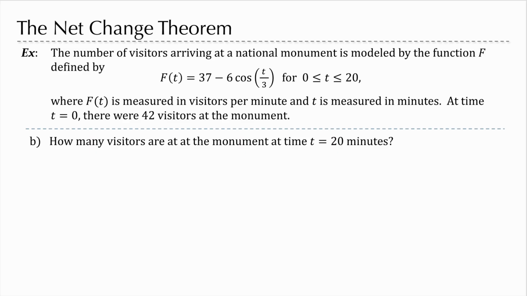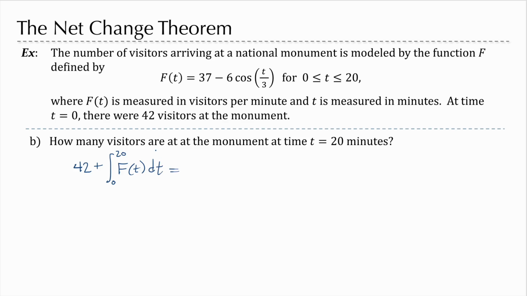Now the next question asks, how many visitors are actually at the monument at time t equals 20 minutes? What that means, of course, is that we have to begin with how many we started with and then add on the amount that were added over that 20 minutes. So to do this problem, we'll begin with our initial amount of 42 visitors and then say, how many were added onto that from 0 to 20? So we'll take the rate at which visitors were arriving, multiply that over its time period to give us the change in visitors, but again, plus the initial amount to get that total.